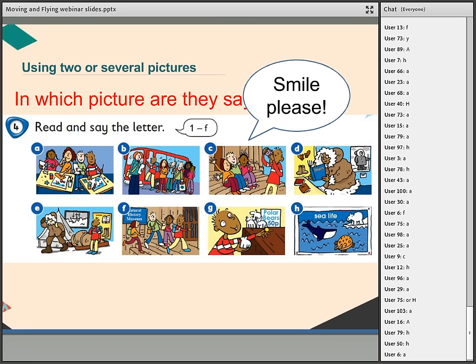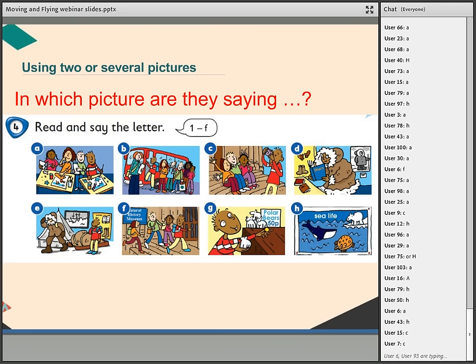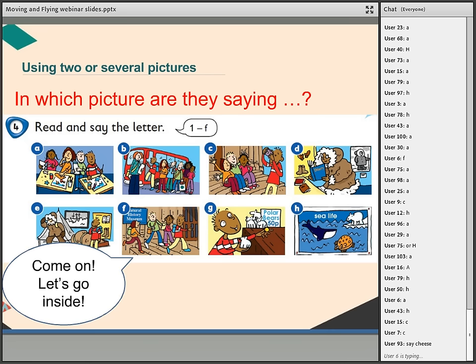Okay, so "smile please" is something we say when we're taking a photo, so it would probably go with picture C. The boy in the red sweater there with a camera would be saying it. "Come on, let's go inside" would logically go with picture F because the children are outside and the guy in the red t-shirt is probably the person who would be saying this.